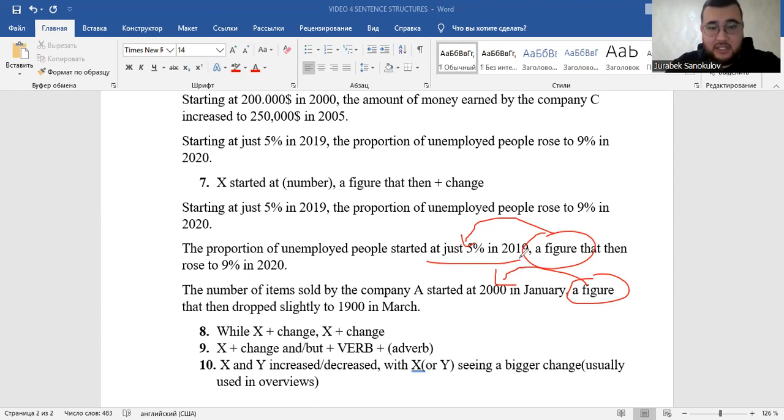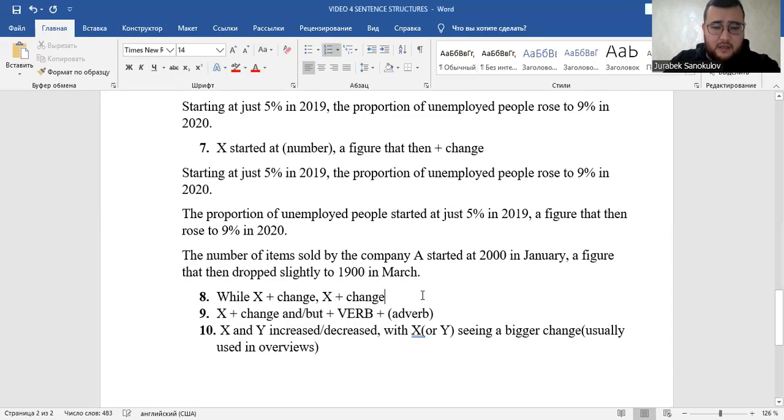It's like saying this figure, because by saying a figure, we are referring to this 5%. And in the second sentence, it's the same thing. By saying a figure, we're talking about 2000. And it's like saying this 2000 then dropped to 1900 in March. So that's how you should do it. Just learn it and you can use it all the time. Next one.